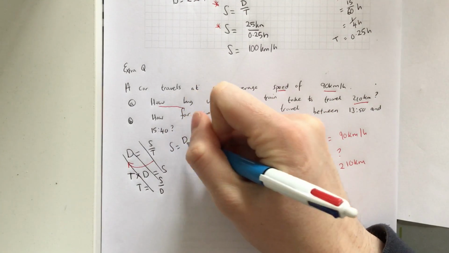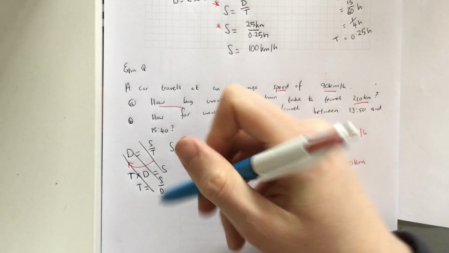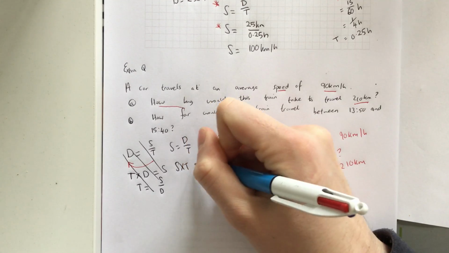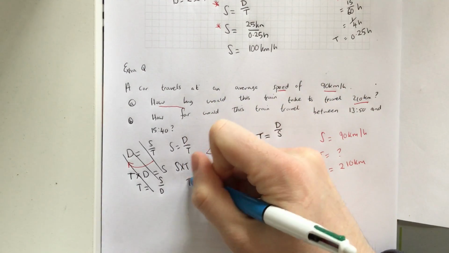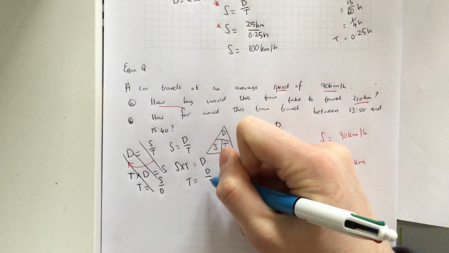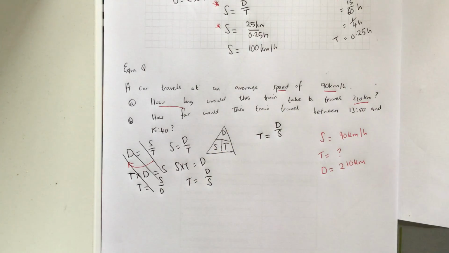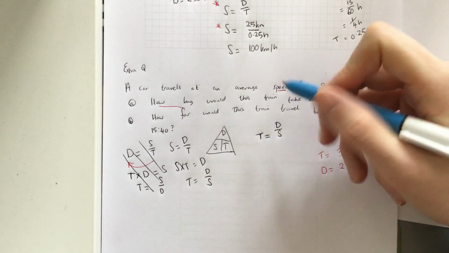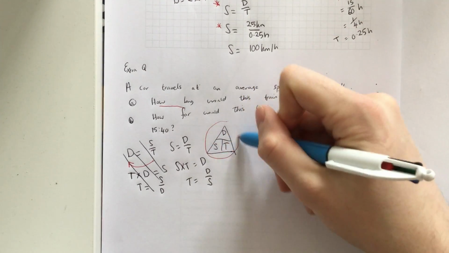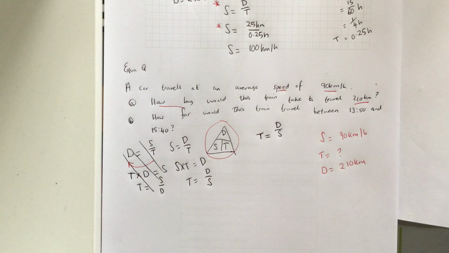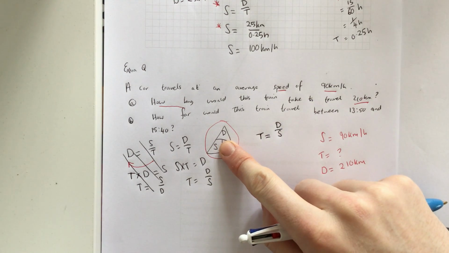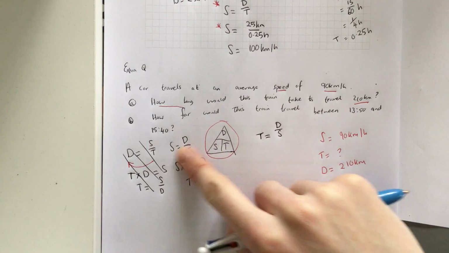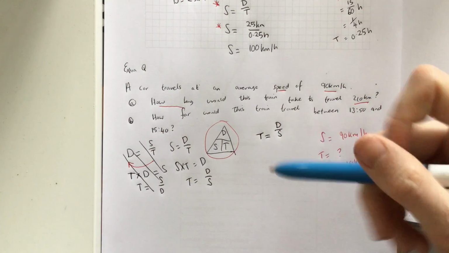Speed equals distance over time, so we have speed times time equals d. Time equals distance divided by speed. I think this one here is much easier. Just use your triangle. Cover up what you don't know: time equals distance divided by speed. You get the same answer this way, but it's just a little bit more long-winded.